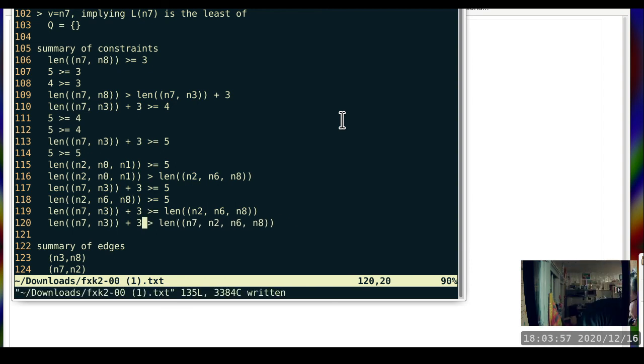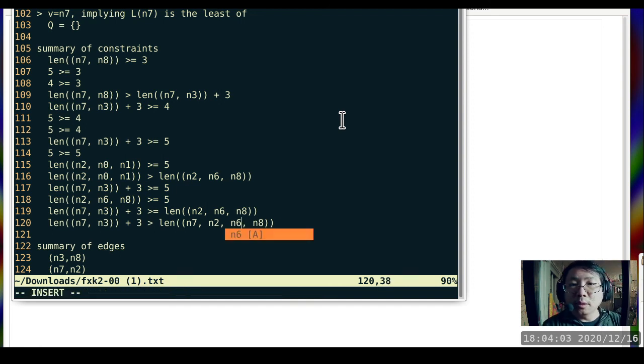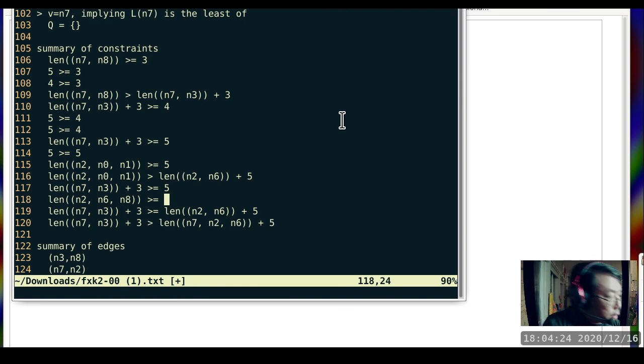And we also have an edge from N6 to N8. So that means N6 to N8 is a 5. Like that. 6 to 8 is a 5. Like that.